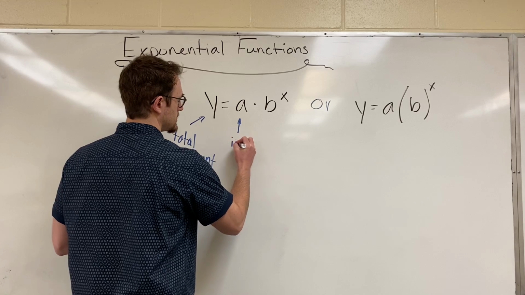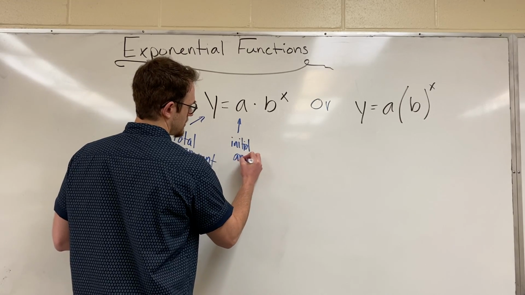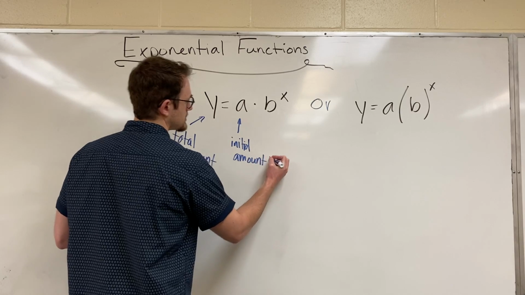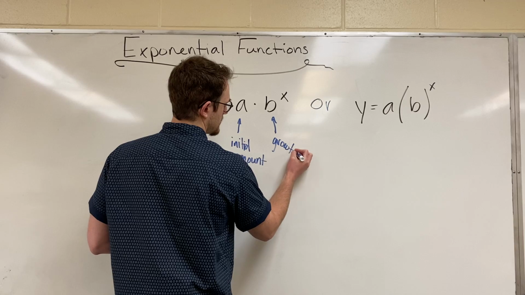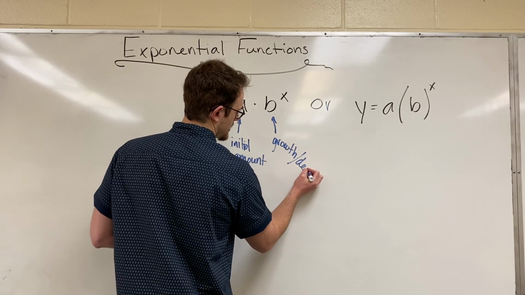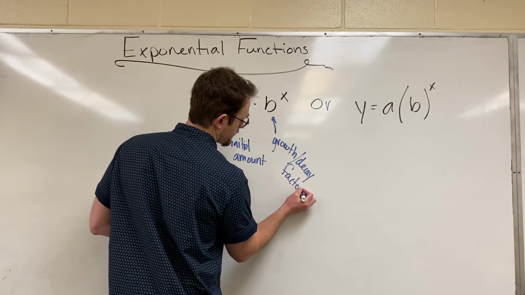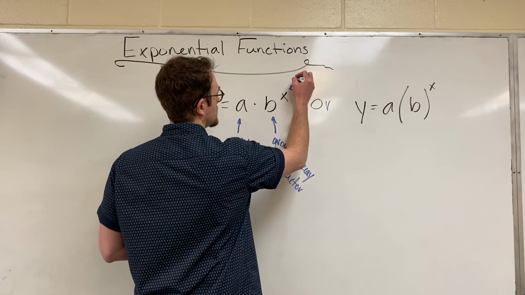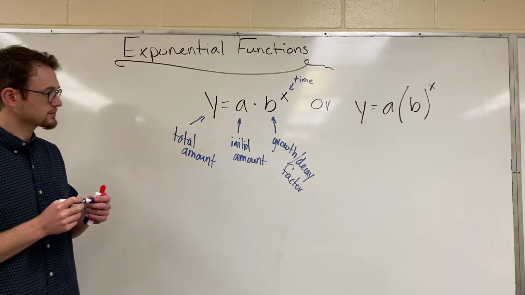A was the initial amount. B was growth / decay factor, and then this guy was time, for the most part, usually time.